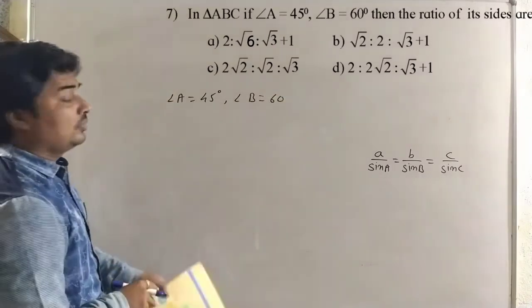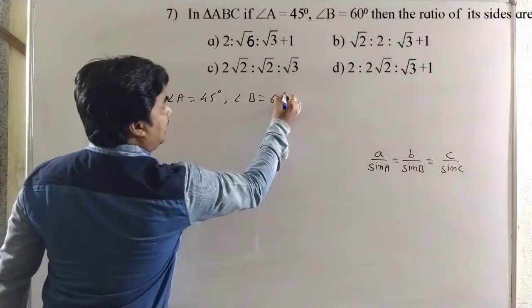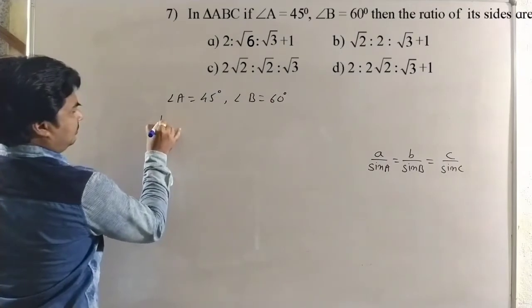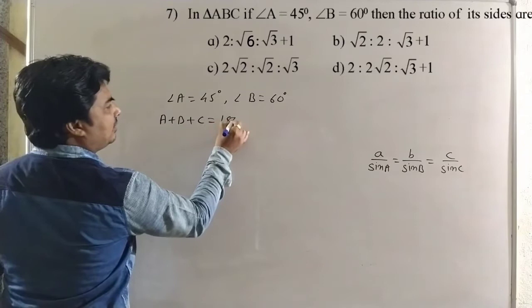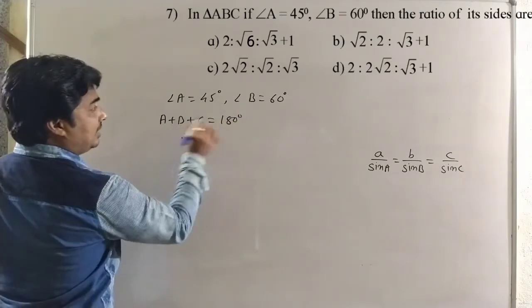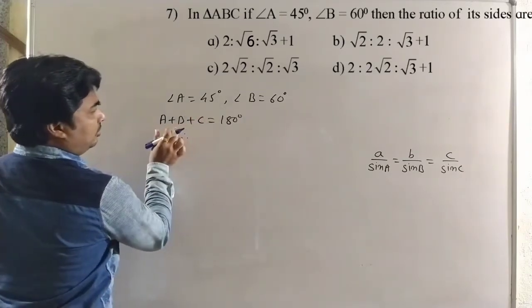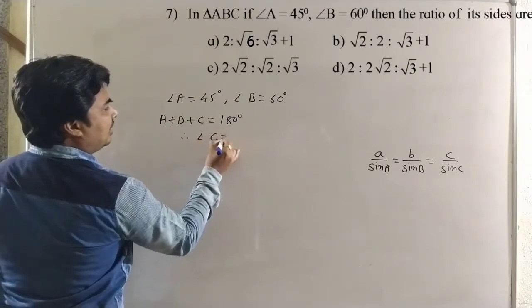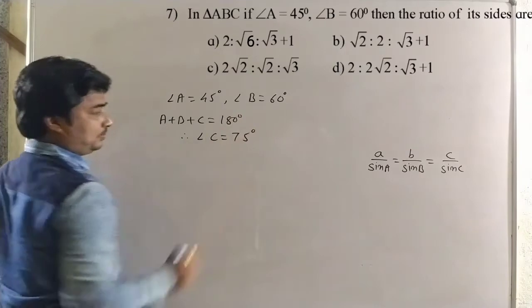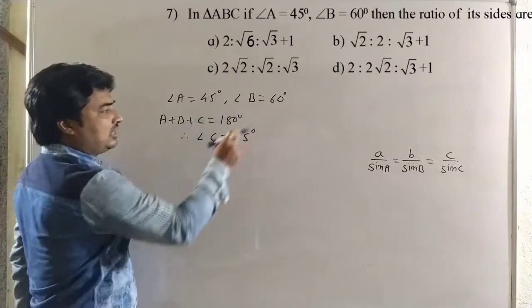Therefore, in triangle, A plus B plus C is equal to 180 degrees. Therefore we directly write 45 plus 60 is 105, 180 minus 105, therefore angle C is equal to 75 degrees. Here we know all these three angles.